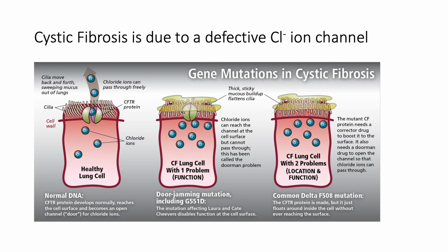What happens in cystic fibrosis, shown in the middle, or on the one on the right, is that the chloride channel is non-functional. There are mutations that prevent it from opening, or in the case on the very right-hand side, there's a mutation that prevents the appearance of the chloride channel.